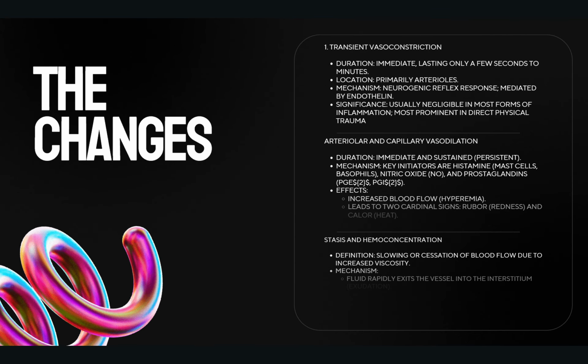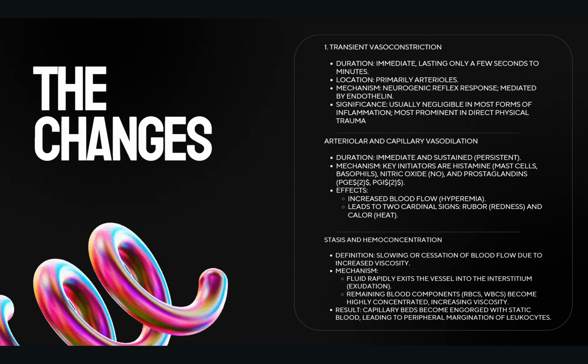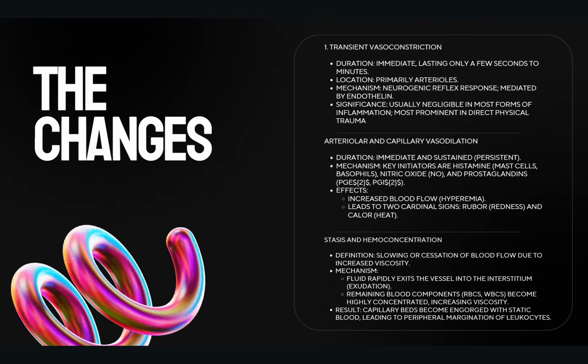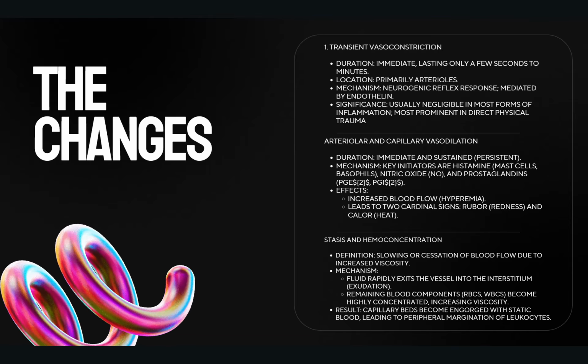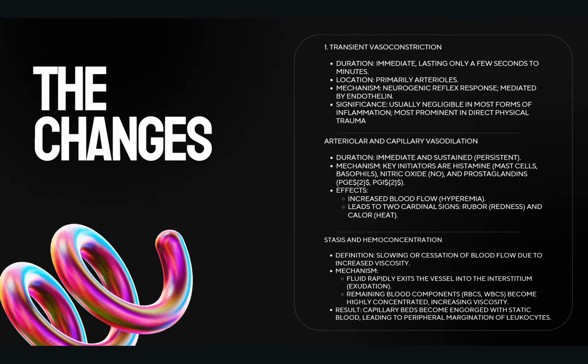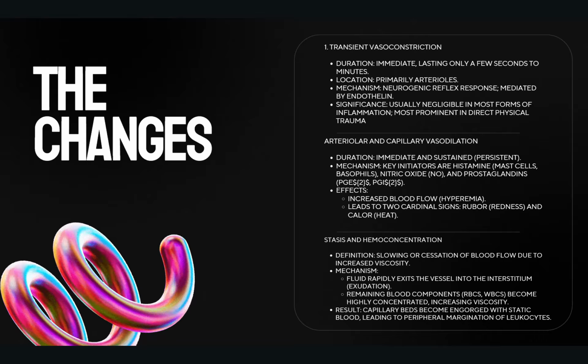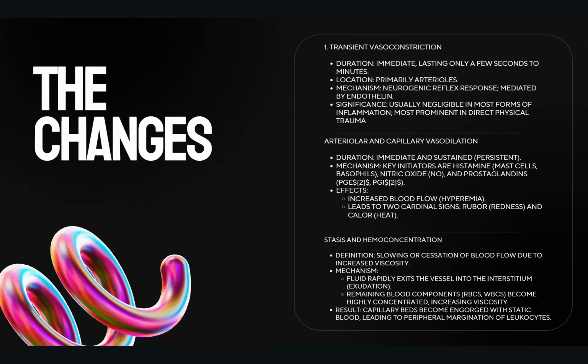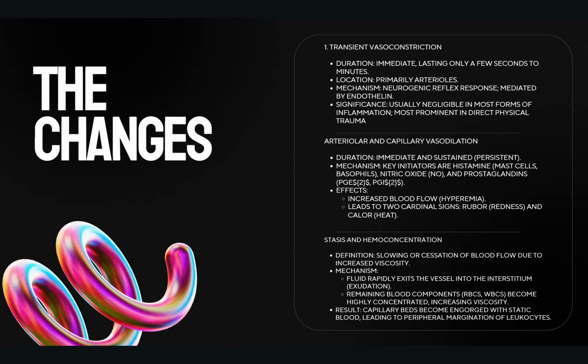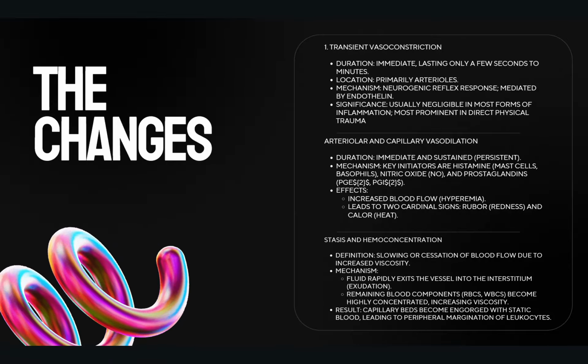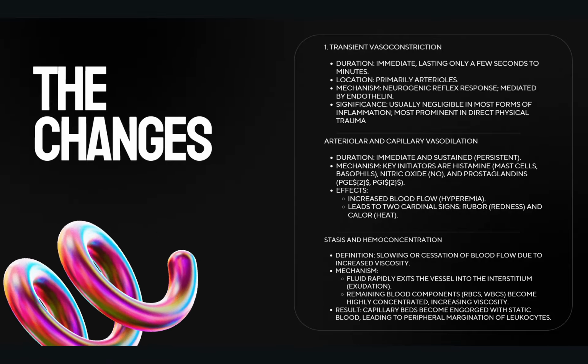The vascular response unfolds in a precise triphasic hemodynamic sequence. This is the change in blood flow mechanics at the microcirculatory level. We have three stages. The first is transient vasoconstriction, a fleeting, minimal response. It's immediate, within seconds, and primarily involves arterioles.